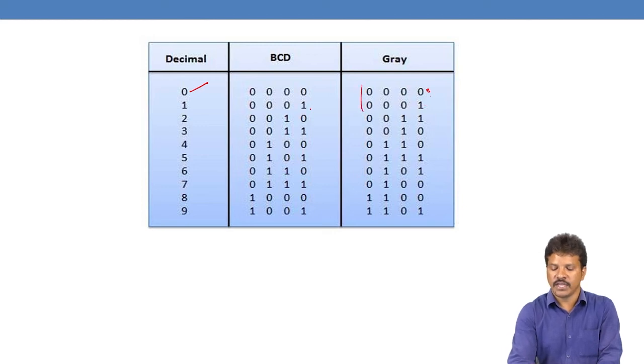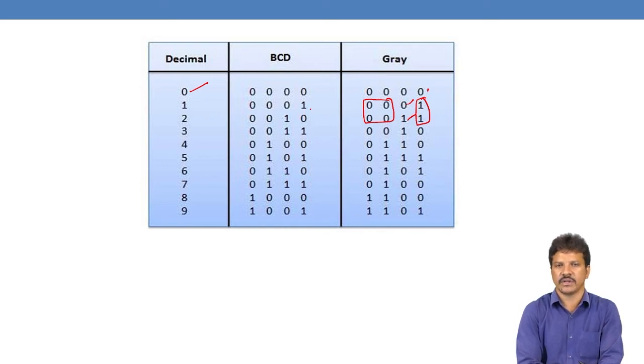So 3 zeros are constant, only one bit changes, 0 to 1. Similarly, if you check 1 and 2, here 2 zeros are common and 1 is also common, only one bit changes. This kind of property will make use of this gray code in Karnaugh maps to minimize our realization of a given Boolean function.